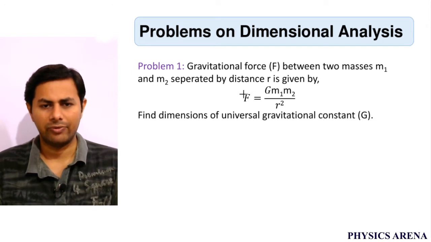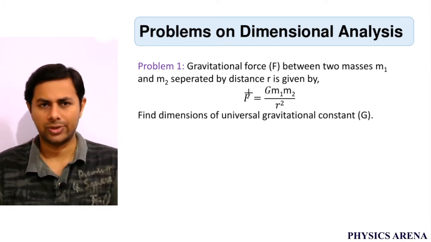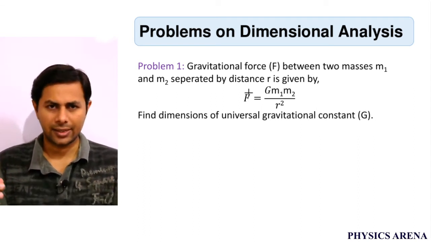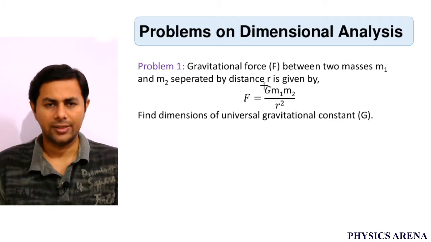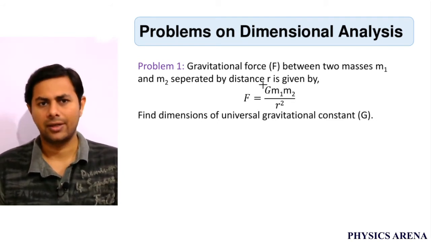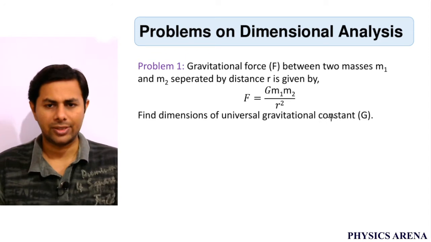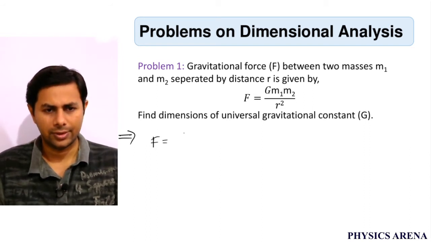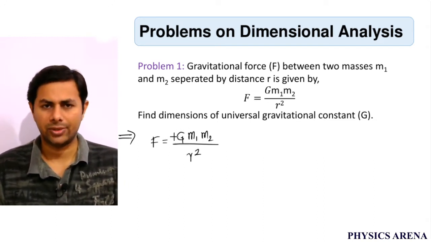So we are given the formula F equals G m1 m2 over r squared, where F is the gravitational force between two masses m1 and m2 separated by distance r, and G is the universal gravitational constant, and we are asked to find the dimensions of this constant.